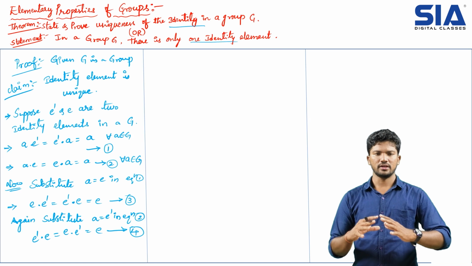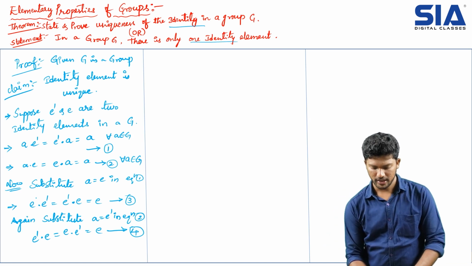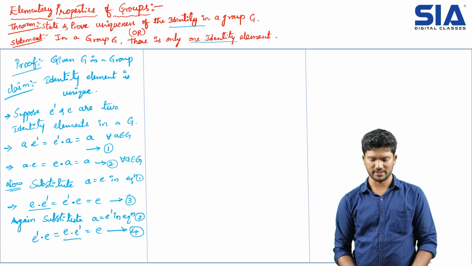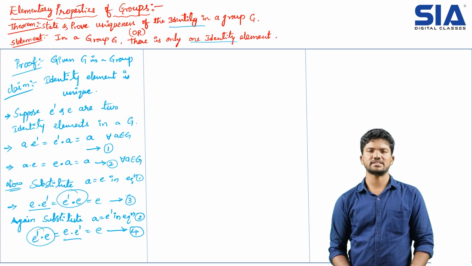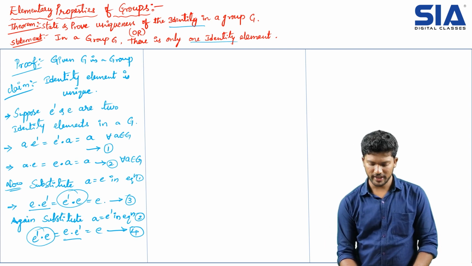Now compare equation number 3 and equation number 4. Here you have e into E dash, here you also have e into E dash; here you have E dash into e, and here also E dash into e. Both are the same and the equal symbol is there, so we can equate these values.